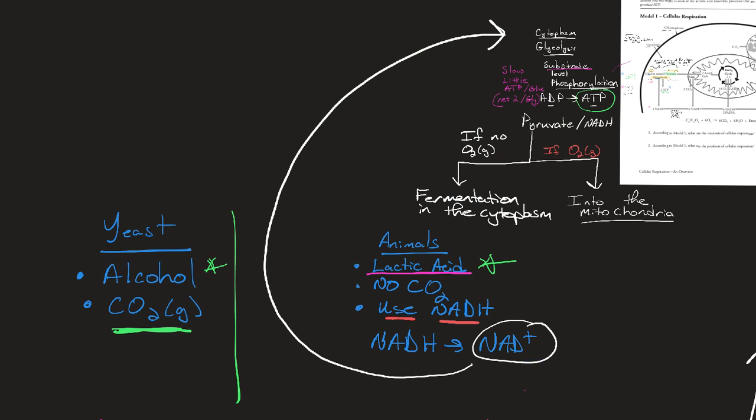They could give you a whole list, and obviously yeast are going to make alcohol and CO2. They're going to use up glucose. Animals are going to make lactic acid, use up glucose, and produce no CO2. They're all going to use NADH and produce NAD+. They're not going to make NADH. NADH is made in glycolysis. It's another trick question, isn't it? Can easily mix that up.